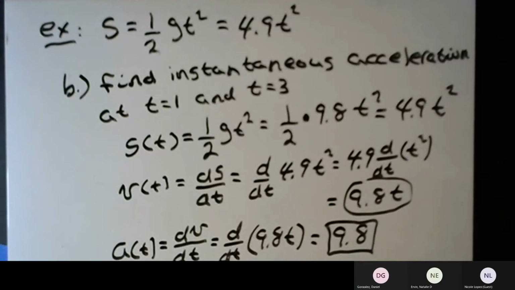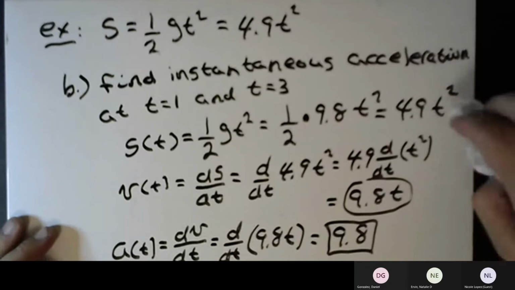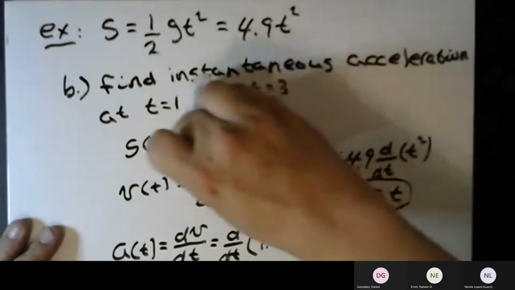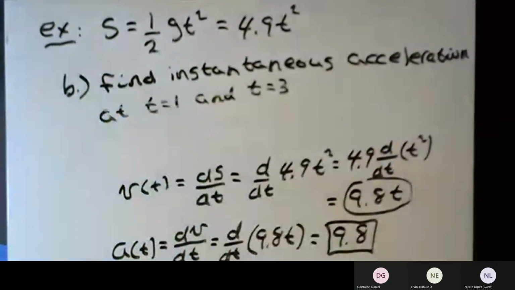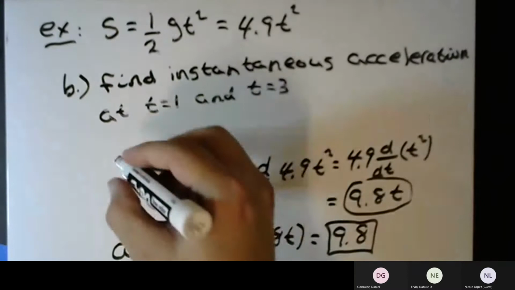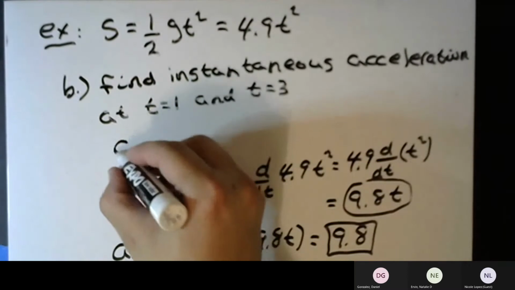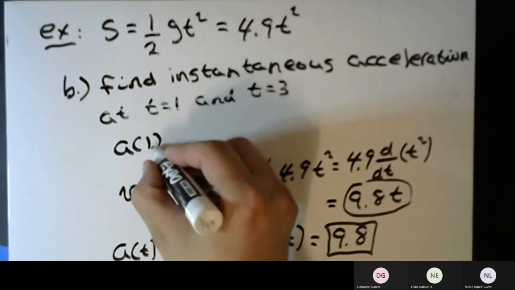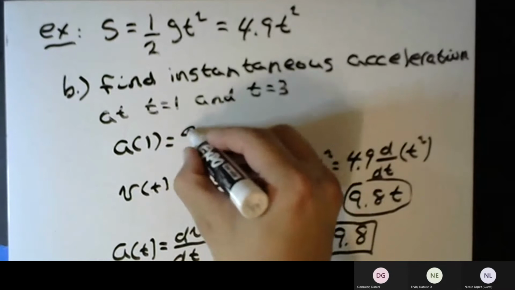And as you can tell, this is going to create an interesting result. This means A of 1 is 9.8.